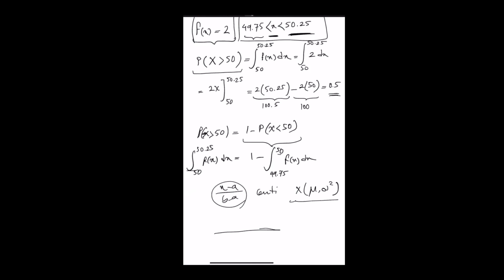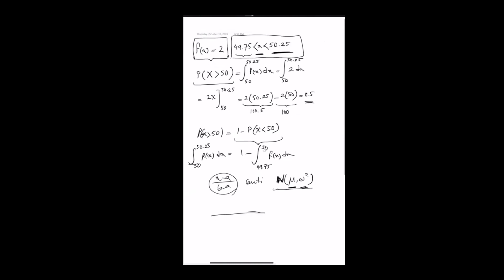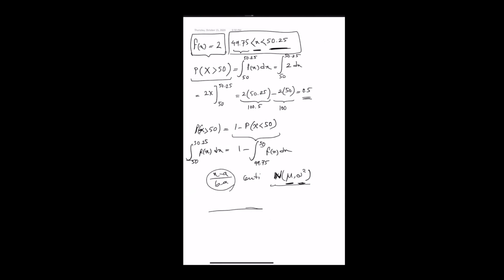Yeah, for normal, you have to do average and variance. So this is uniform. However, to calculate the probabilities for any distribution, uniform, normal, or anything, you can just easily go through the integral as opposed to using the formula.